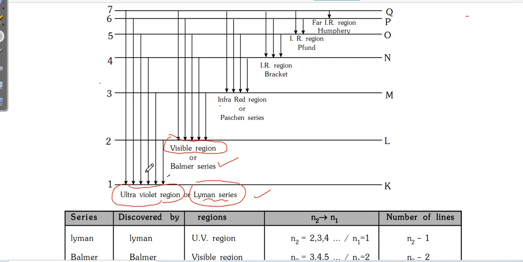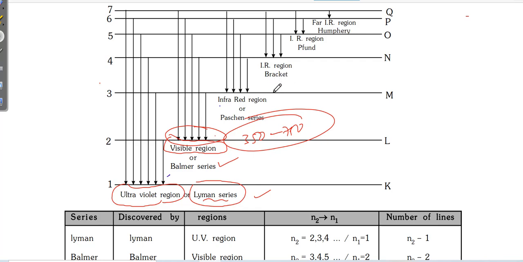The explanation is the same. From different energy levels, electrons are coming to the first shell here; here, from different energy levels they are coming to the second level. So the energy gap is different, so the frequency is also different. These lines have frequency approximately in the 350 to 750 range. That's why we are able to watch these lines in normal light.